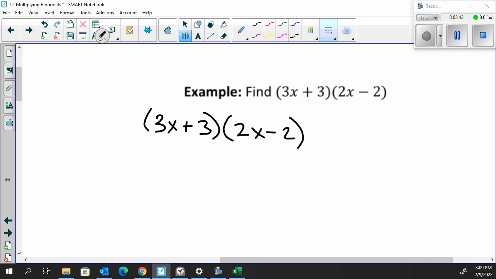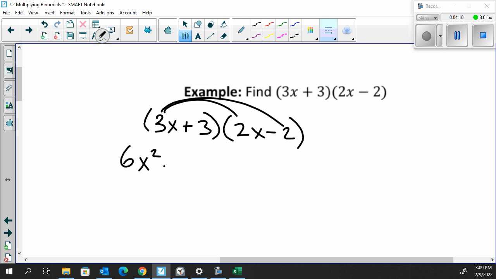I'm going to distribute 3x into both pieces. 3x times 2x, what's that? 6x squared. You do number with number and get a 6. X times x is x squared. All right. And then what do I do next? Three x times negative 2, what's that?